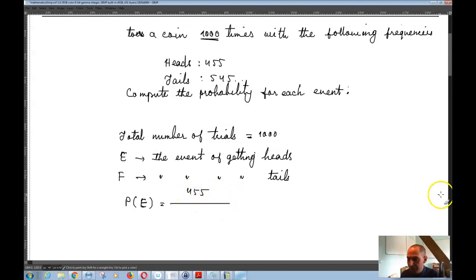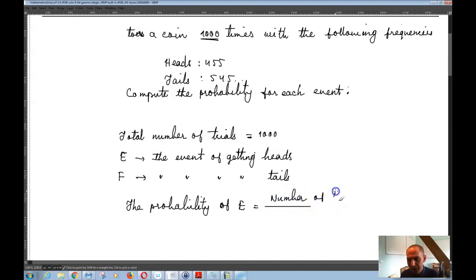Let me write it this way: the probability of E is the number of heads to the total number of tries.